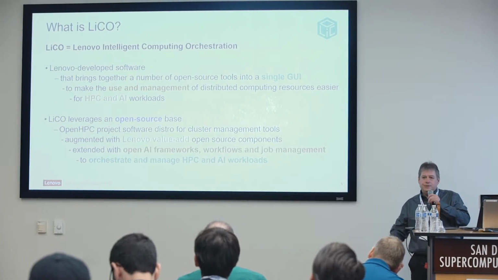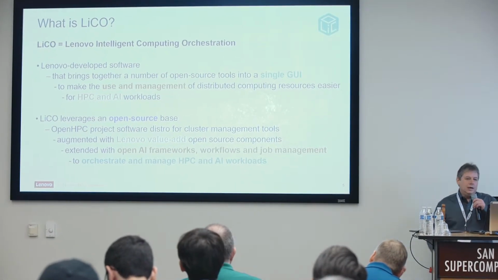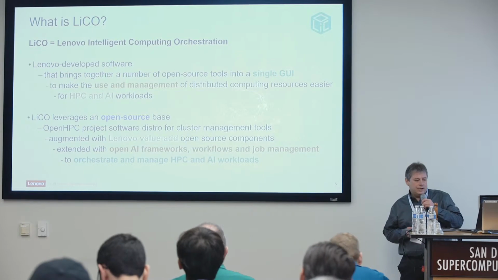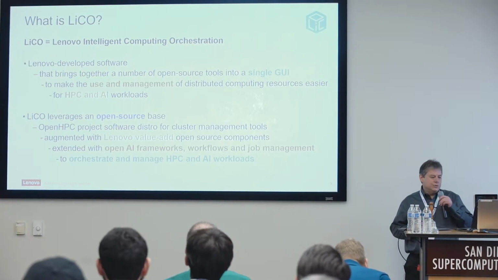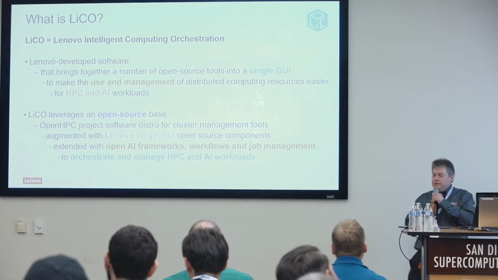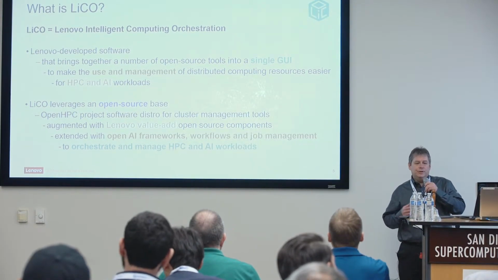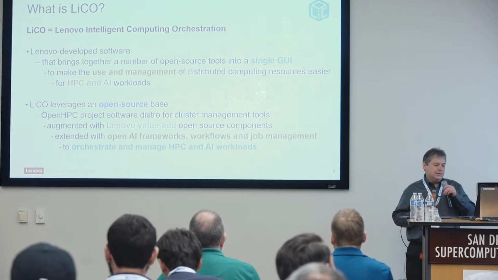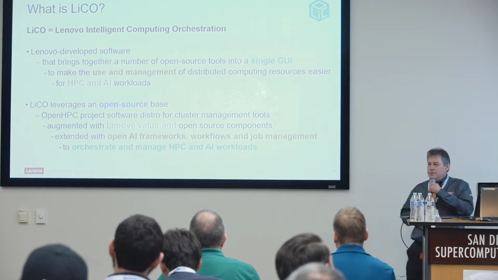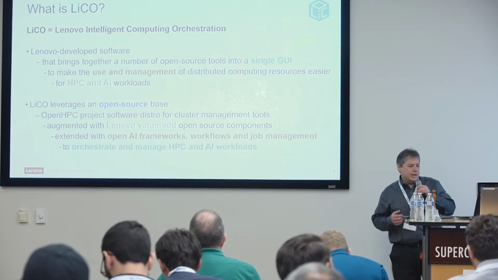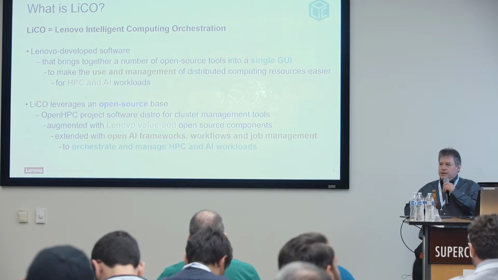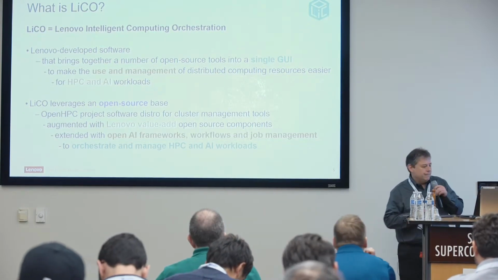It is an open source space, so we're taking advantage of the OpenHPC project for most of the tools, adding some Lenovo value add components, and then extending these with capabilities to manage and use things like open AI frameworks, providing workflows for the users, and job management. So again, that orchestration becomes very easy for them.